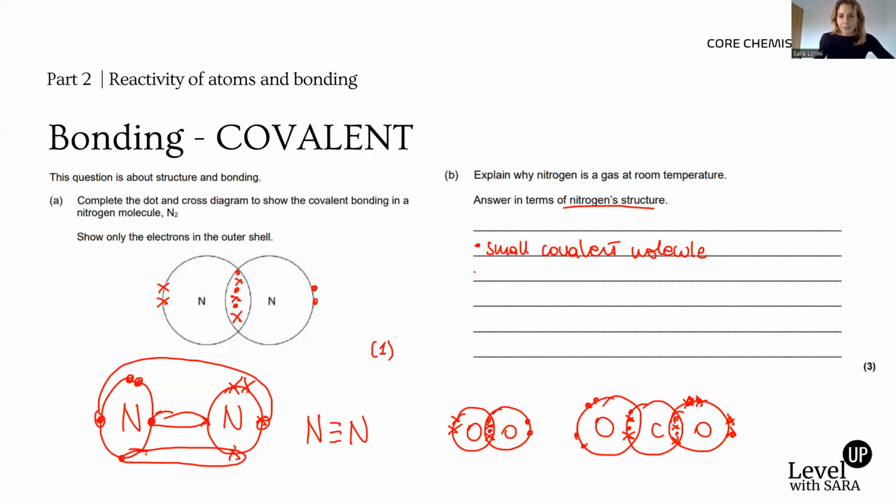So small covalent molecule, they have weak intermolecular forces of attraction. Very important is between the molecules. Because you're not breaking the nitrogen-nitrogen bond, you're breaking the force between the molecules.